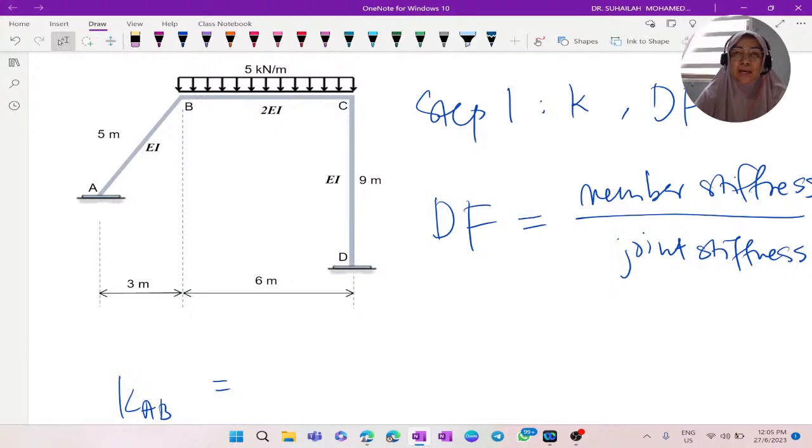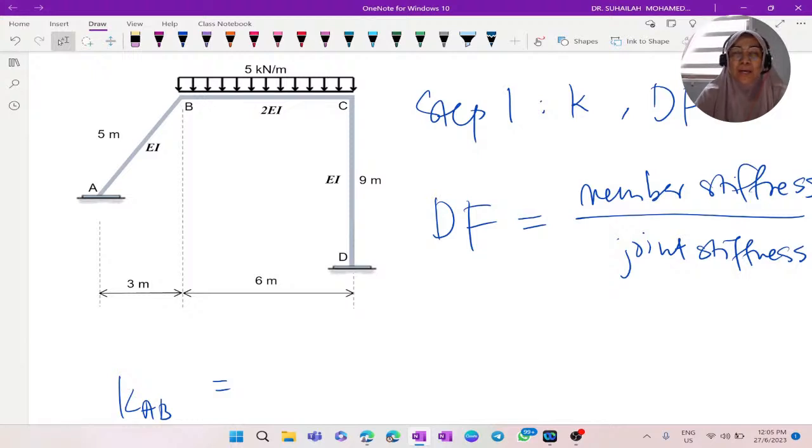And another thing is L, the length of the member. So these are the three factors influencing the K value: the E value, modulus of elasticity, the I value, moment of inertia, and L, the length of the member.